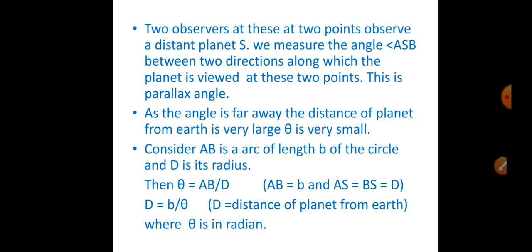Then theta is equal to AB upon D, and D is equal to b upon theta, where D is the distance of the planet from Earth. Using this, we can determine the distance of any planet from Earth. The distance of planets or stars is very large.